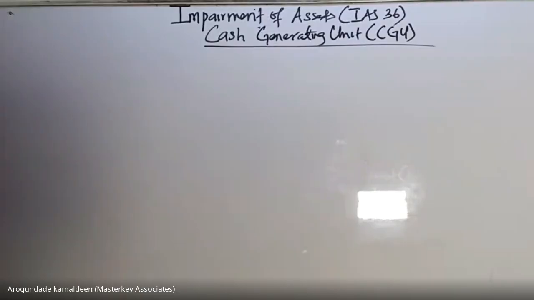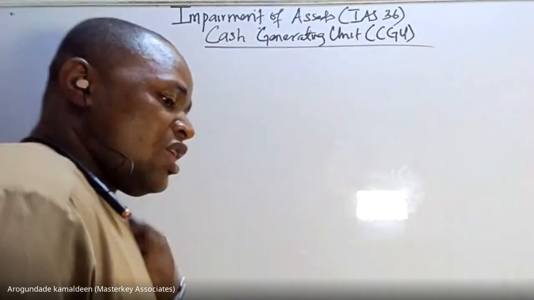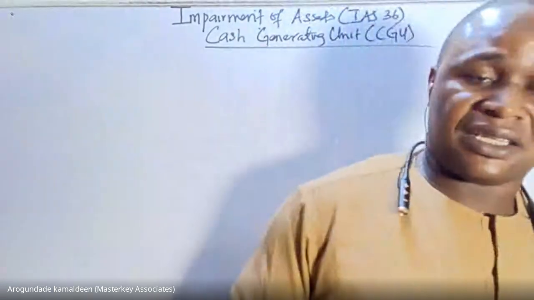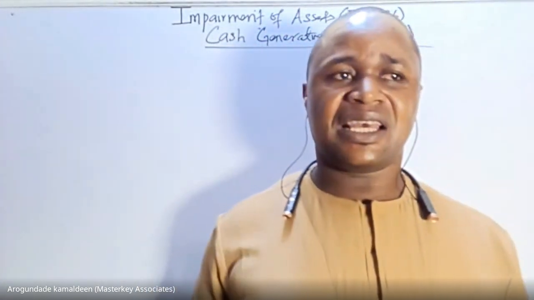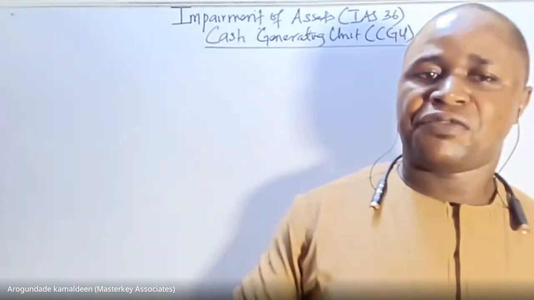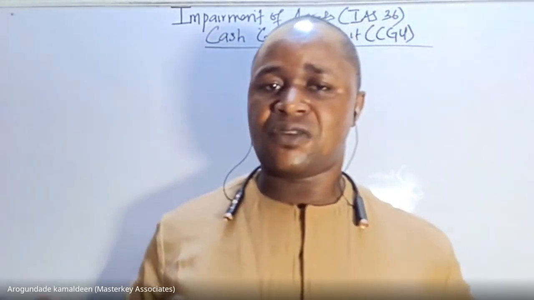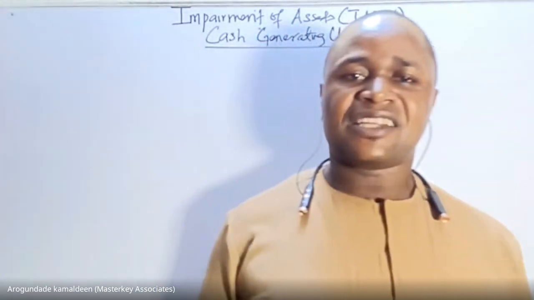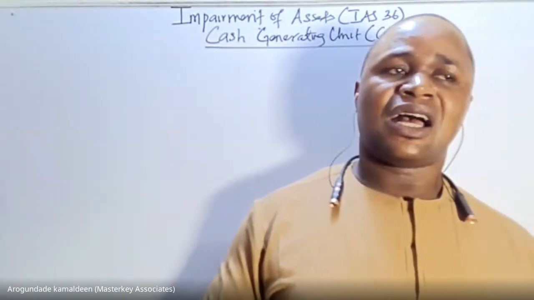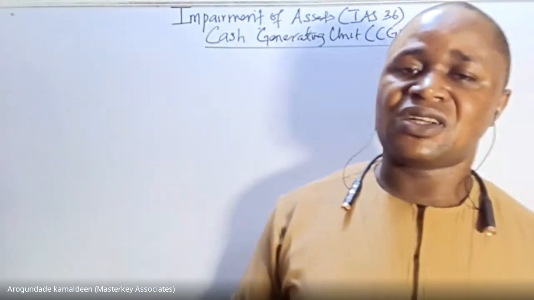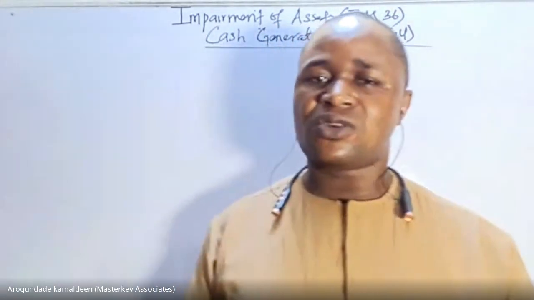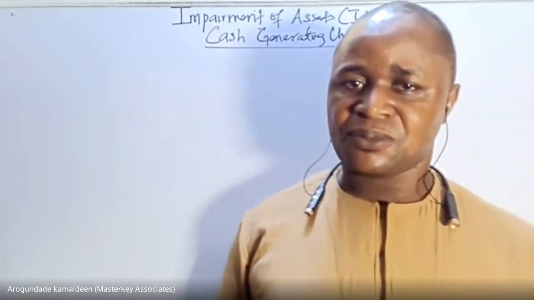So we said that when you determine the impairment, another important thing is how do you account for the impairment in the financial statement or in the books of account of the company. To account for impairment, you have to look at two things. Number one, what is the model or the method used to carry the asset?